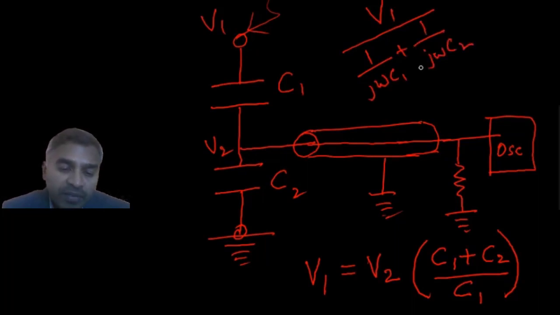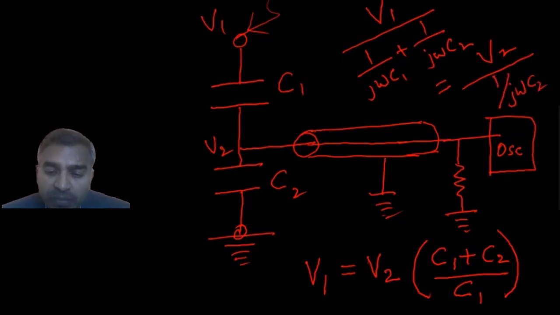This is the current, right? V1 by total impedance is the current. This current should be the same. This is equal to V2 by 1 by j omega C2. Simplify this, you will get that one. V1 is equal to V2 into C1 plus C2 by C1.